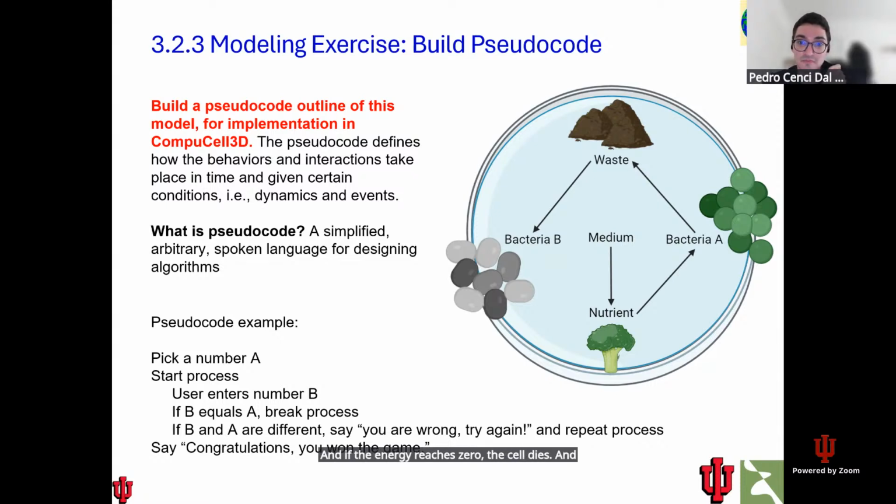And if the energy is non-zero and the energy is not at capacity, the bacteria will uptake nutrient, update energy, release waste, and if there is energy, the cell grows and decreases energy.